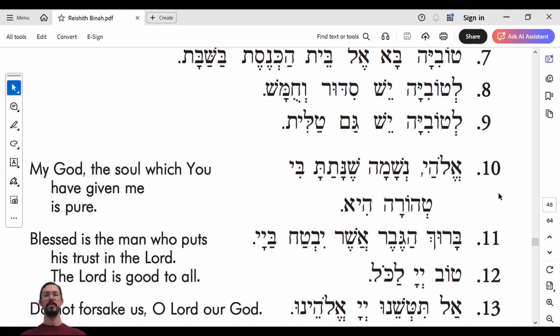Good. Tov Adonai lakol. Notice the dagesh inside makes the chaf into a kaf. So the Lord is good to all.